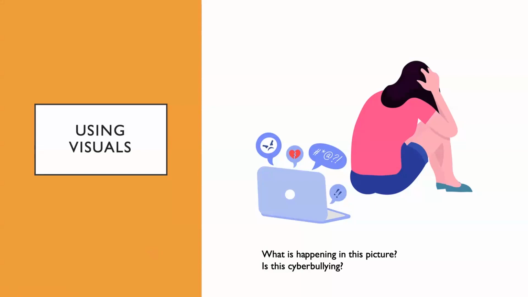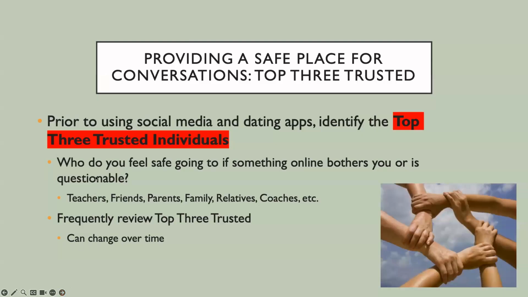There's a broken heart coming out of the computer, an angry face, the little symbols used for curse words. So they know it's cyberbullying, people saying mean things that hurt others. And that person is hurt. So this picture explains what the behavior of cyberbullying is and what it does to the person that is cyberbullied. All right. So we talked about all these strategies.